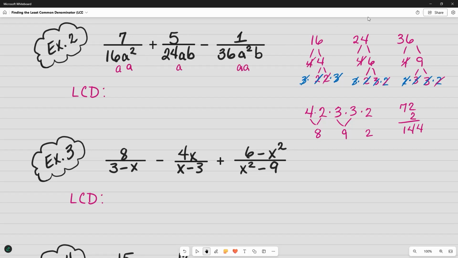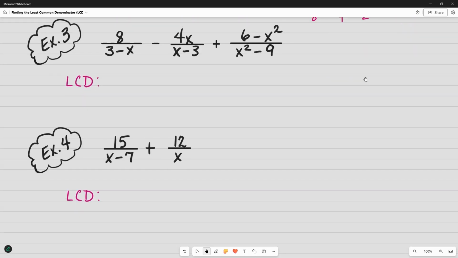So that second fraction needs an A. So now they have 2 A's apiece, so I can just go ahead and write that as A squared. And then I notice that the second fraction has a B and the third fraction has a B, but the first one doesn't, so I have to include a B there. And whatever I just included, that is going to go in my final answer for my least common denominator.